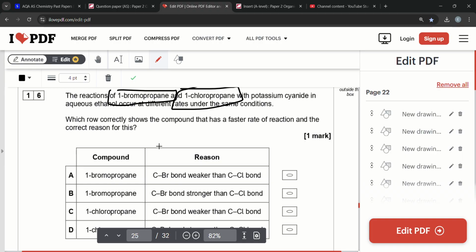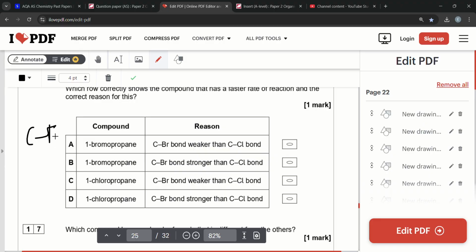what topic is this? Yeah, okay, so there we go, got it. We've got C-F, C-Cl, C-Br, and I actually really like testing this as well. So you do need to know the C-F, C-Cl, C-Br, C-I.